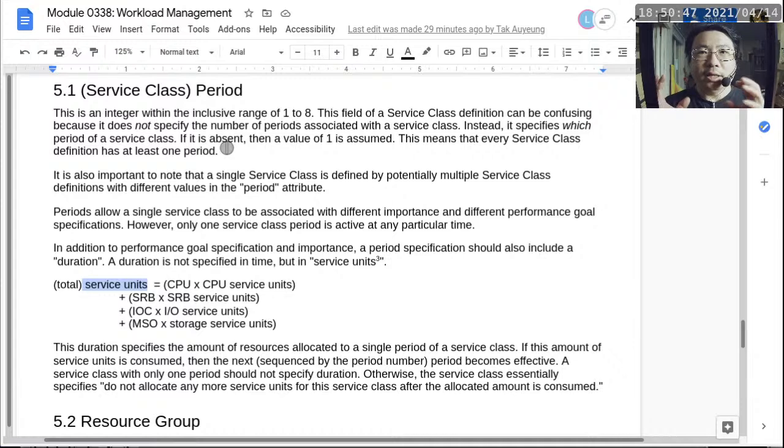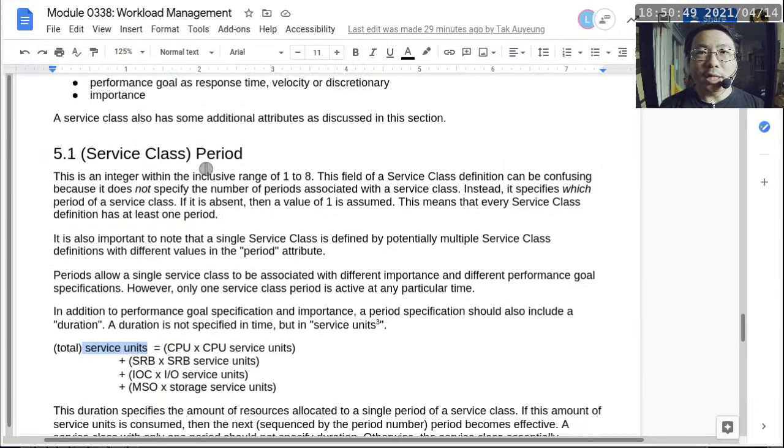And remember, every single service class can have up to 8 service class periods. So if you have a whole bunch of service classes to begin with, then it gives you a lot of options of how these different service classes are going to interact with each other.